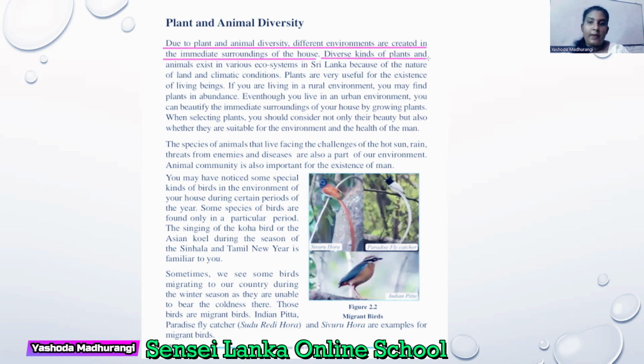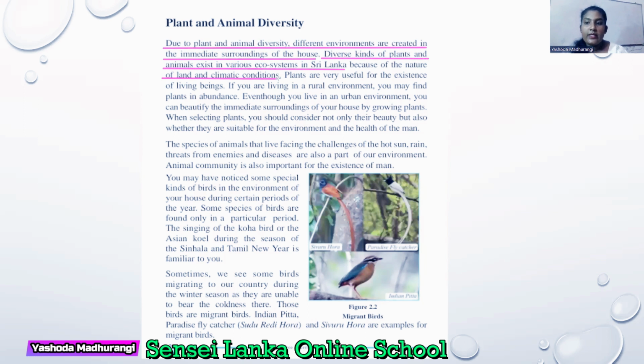Diverse kinds of plants and animals exist in various ecosystems in Sri Lanka. Do you understand? Different types of plants and different types of animals are there in different ecosystems. That means environments, because of the nature of land and climatic conditions.